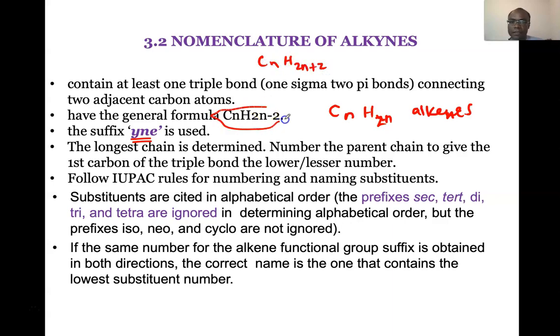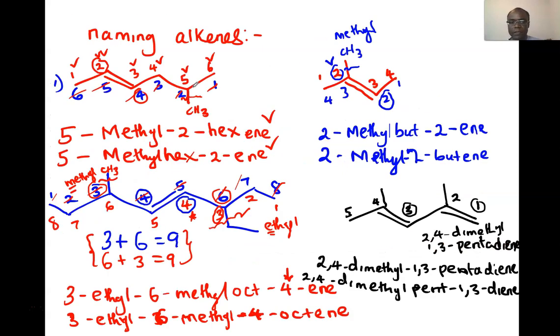So for alkynes, we subtract 2 again. The rest of the rules apply. You're going to prioritize the position of the triple bond. You find the longest chain containing the triple bond and give that triple bond the least number possible, like we've been doing for alkenes.